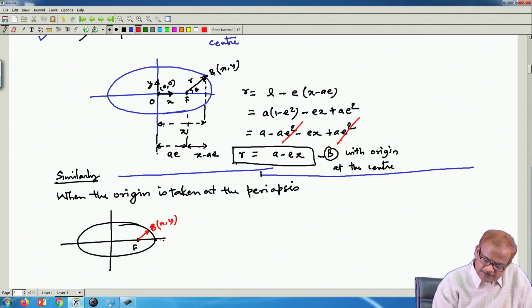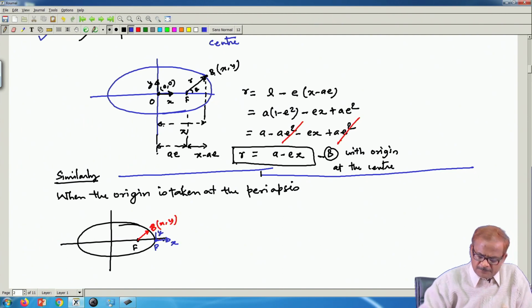But this time the distances are measured from this place. This is your perigee position. So, along this you measure x and along this we measure y. So, you can see that we have to measure distances from here and then go upward to this point.